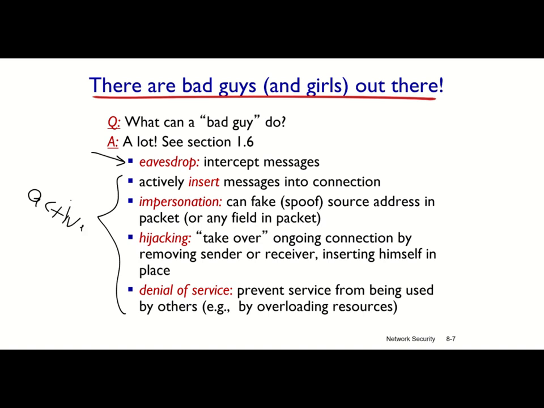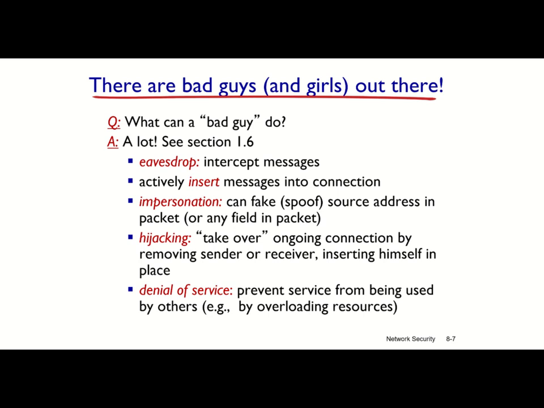Active is different from passive because in active attacks, basically the bad guy inserts messages into the connection, and sometimes does an impersonation attack, which we call spoofing, in which the attacker can fake the source address in a packet, so that the receiver of the packet thinks that the sender has a different source address.